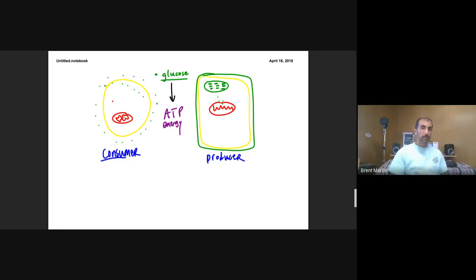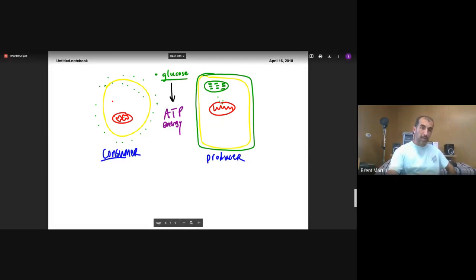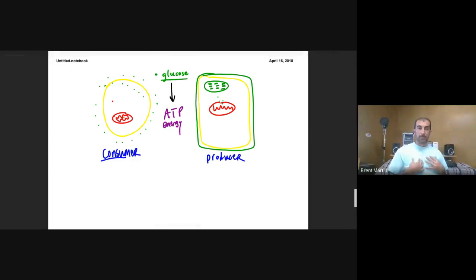The difference is how you obtain your glucose. If you're an animal, you're made up of these animal cells, and you eat something, you consume it. For example, just say I ate a Snickers bar. My stomach digests it and breaks it down into small molecules. These molecules and nutrients are absorbed by my large and small intestines.